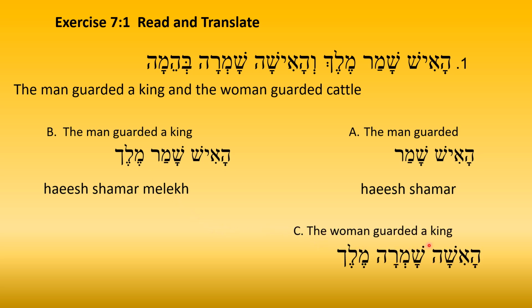The man guarded a king, the woman guarded a king. So now you don't have that up here. You have the man guarded a king, but it's the same phrase other than the man being replaced with the woman, which you have over here.